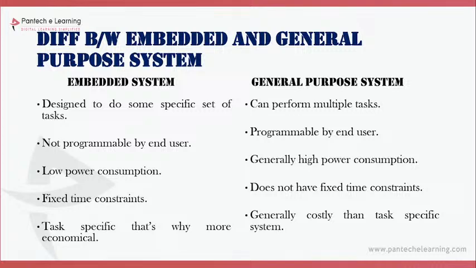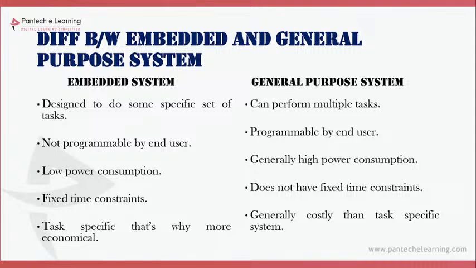Then what is the difference between an embedded system and a general purpose system? An embedded system, as I mentioned before, is intentionally made to do a specific task, but a general purpose system can perform multiple tasks. For example, if you are doing a project, it comes under an embedded system. You will write a set of code and upload it to the controller.